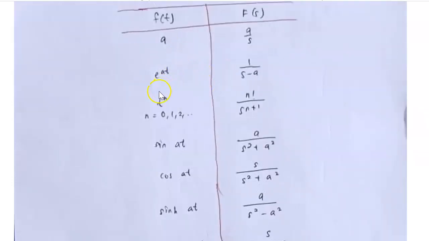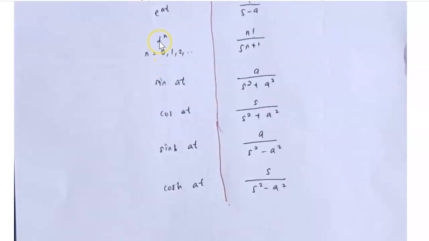If f(t) is e^(at), then F(s) will be 1 over s minus a, where a is your number. Then f(t) is t to the power of n, where n can be 0, 1, 2, 3 or any number. Then your F(s) is n factorial over s^(n+1).